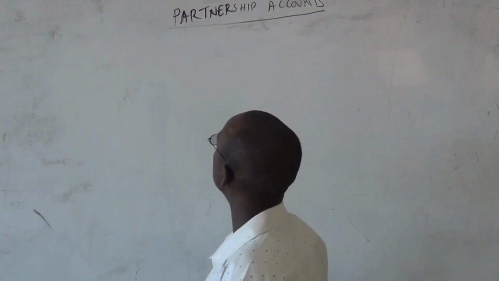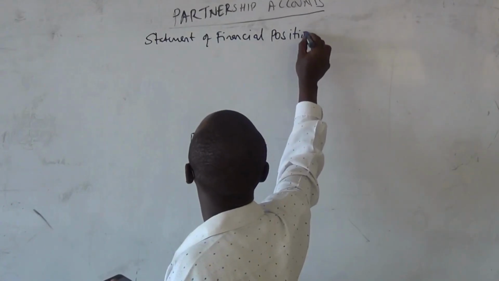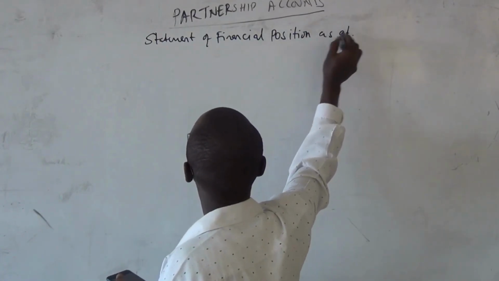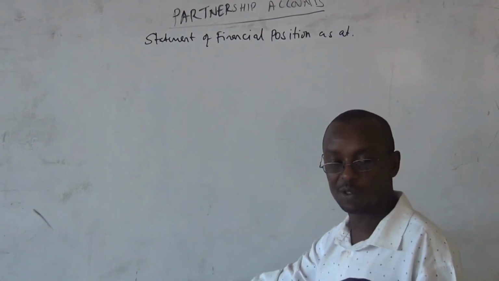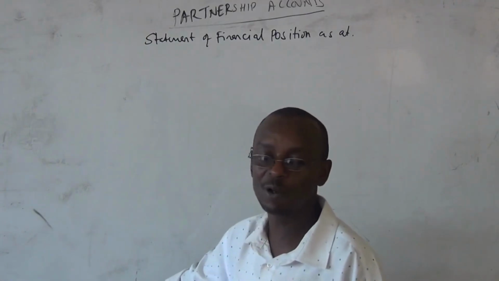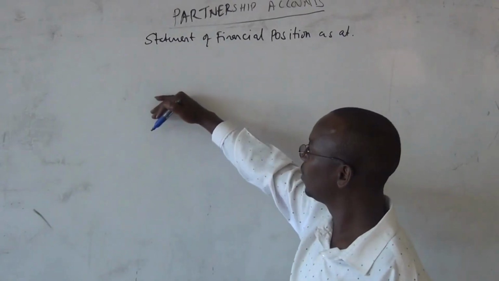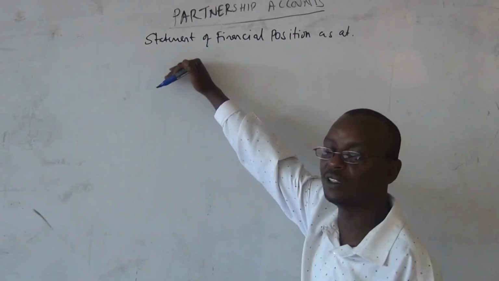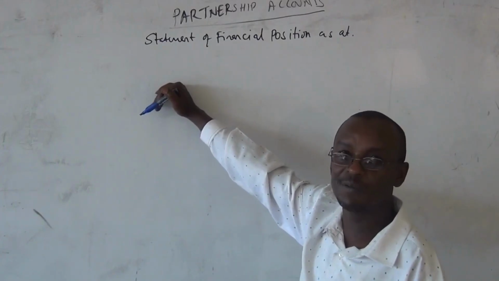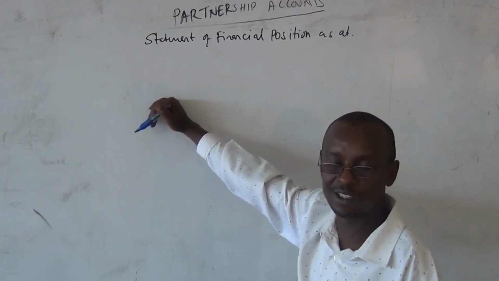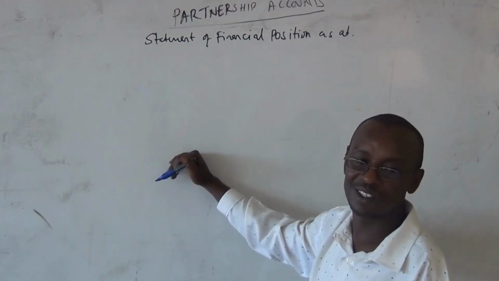The statement of financial position, as at a given date: assets are the same. Mostly in partnership, you'll have goodwill. After you have done the non-current assets, remember we said the non-current assets are arranged in the order of permanence, from the most permanent downwards.